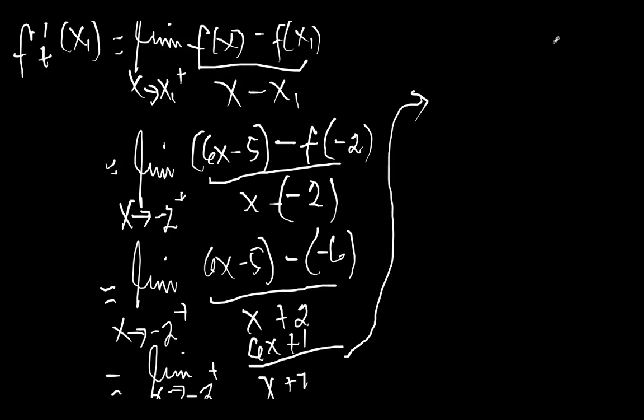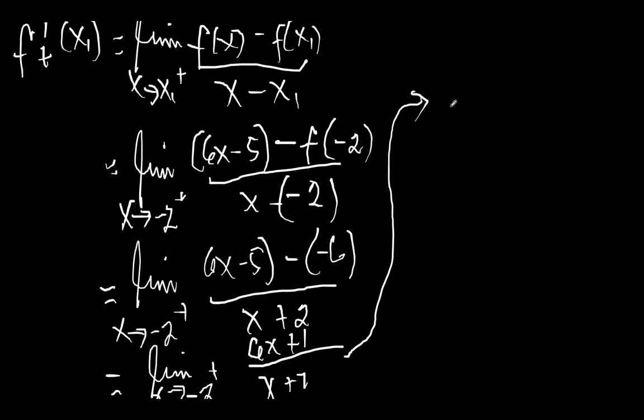Since we cannot simplify this anymore, if we substitute the value, this will give us an undefined value, right? Because 6x plus 1 over x plus 2 cannot be simplified anymore, and even if we divide this expression, we still get an undefined value.